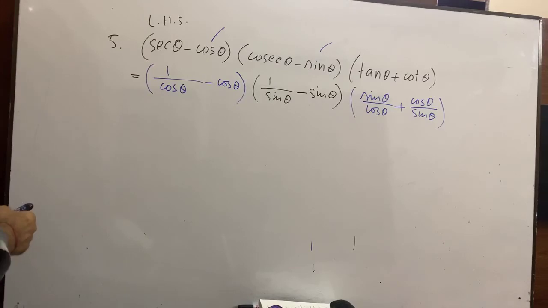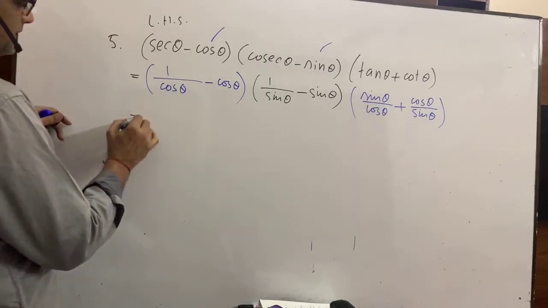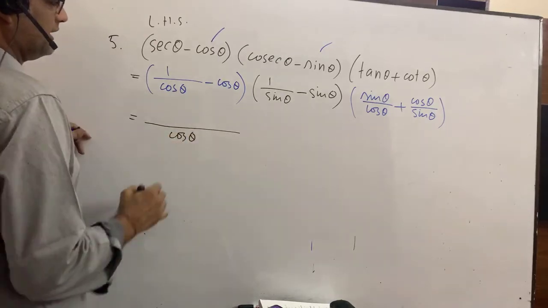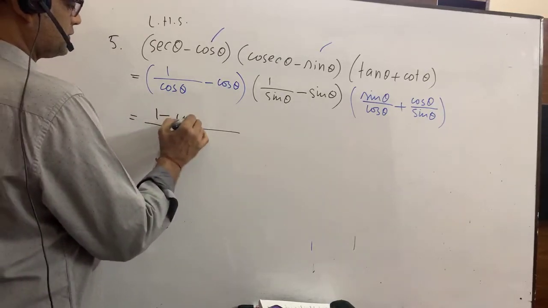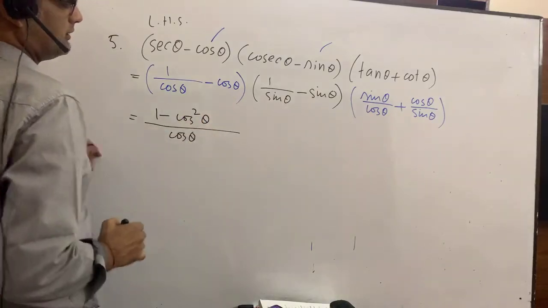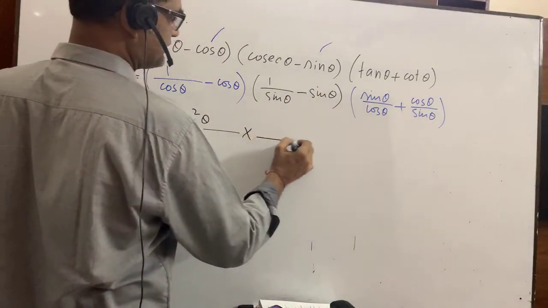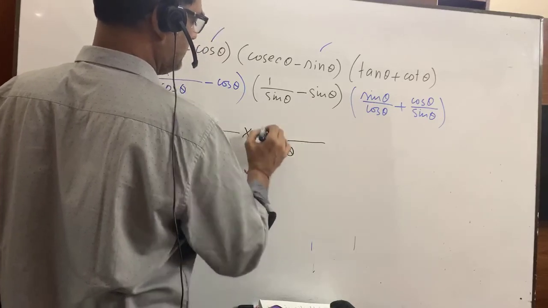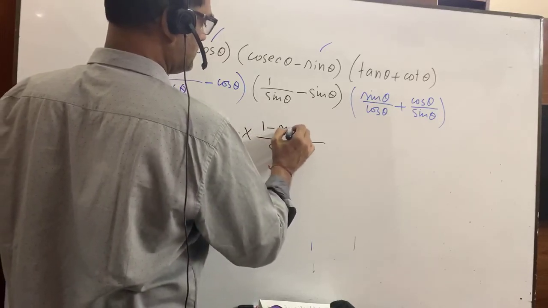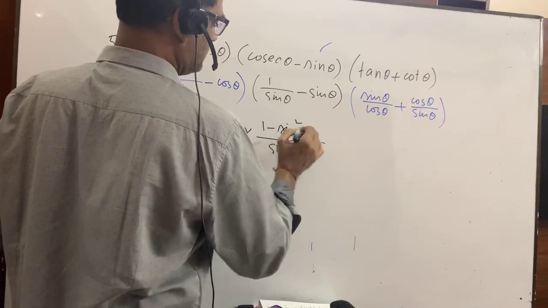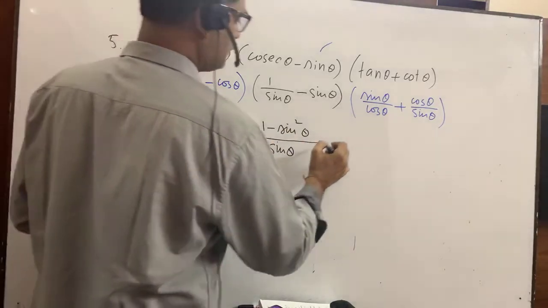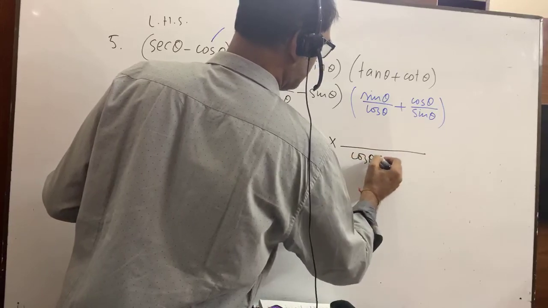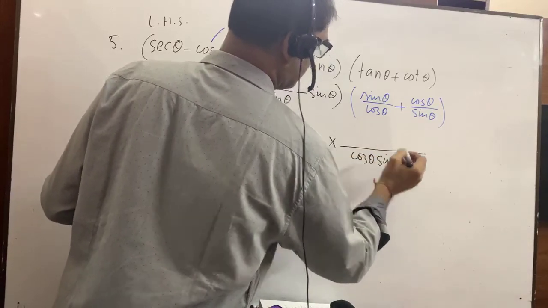Okay, now you see we can get the LCM here. Cos theta can be taken as LCM, 1 minus cos square theta, into sin theta as LCM, 1 minus sin square theta, then the LCM is cos theta sin theta.